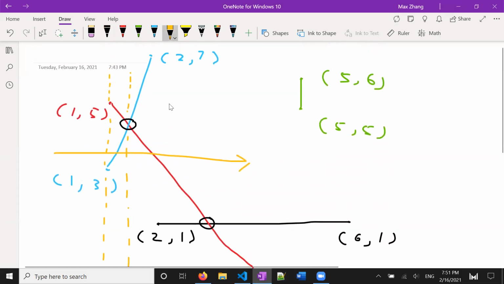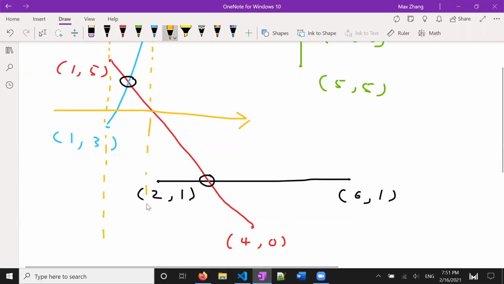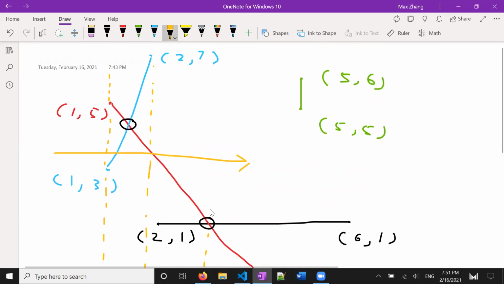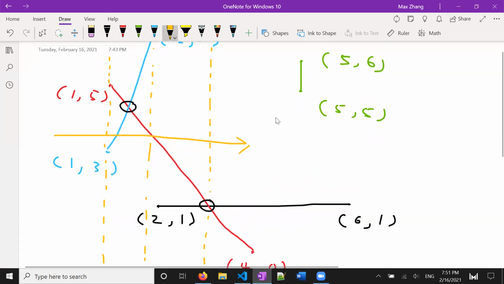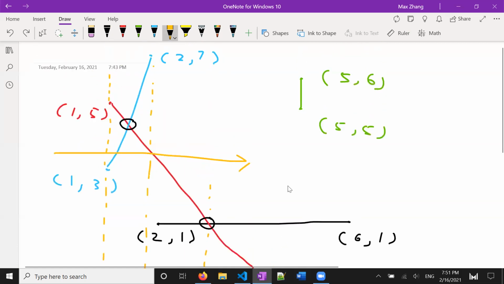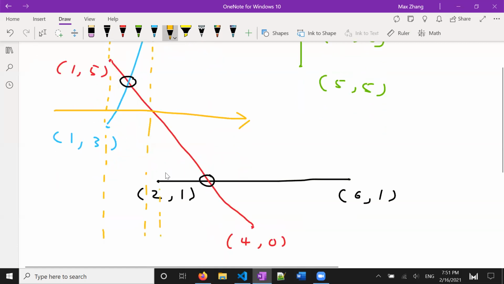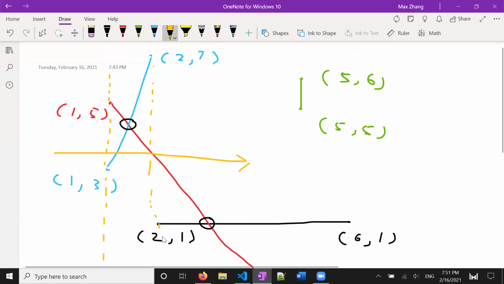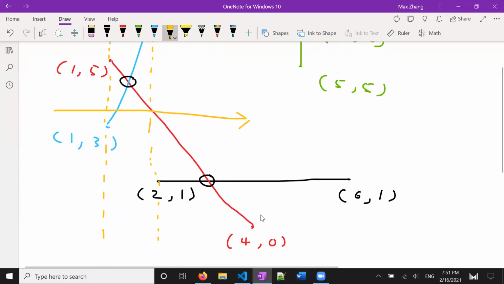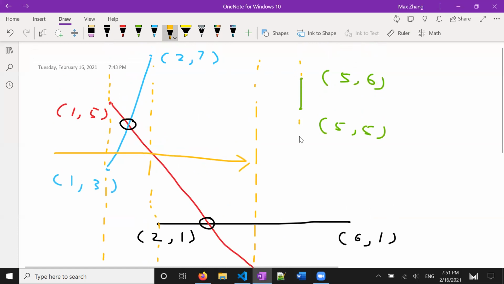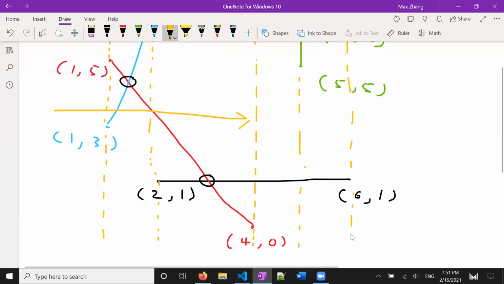We have a bunch of critical points. Actually, I'm not going to include the intersections for now because we don't know where those are, but we do know where the endpoints are. So let's draw some places where our sweep line will stop. No, that's not an endpoint, that's an intersection, but this is an endpoint. Actually, that's the same line, it's just off kilter. That's one. There's one. And then here's one. Okay, cool. Sorry about that.